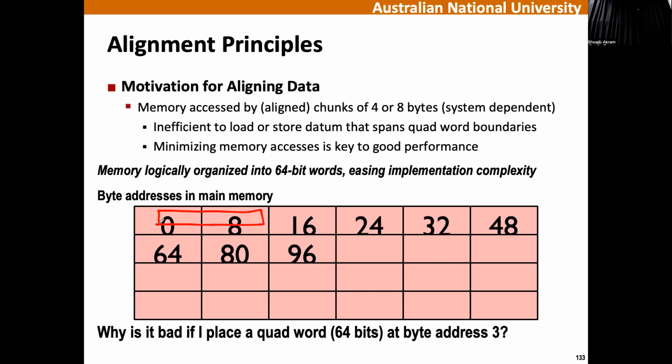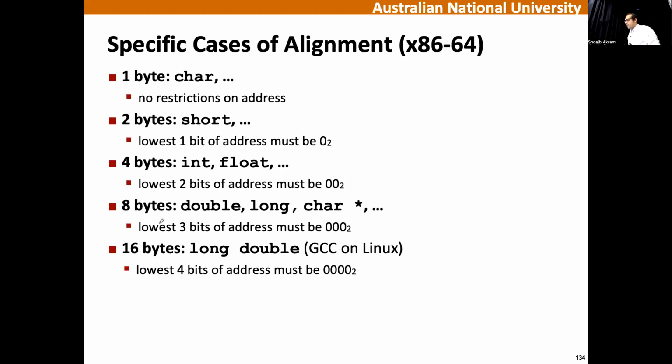So here we're talking about doing things more efficiently by aligning all the data types in memory, where we have this logical view of memory. So no restrictions on the address of character.